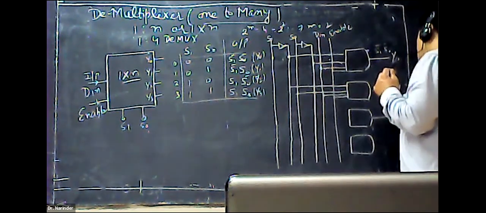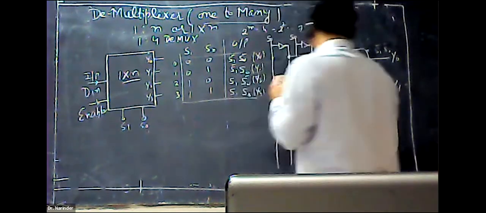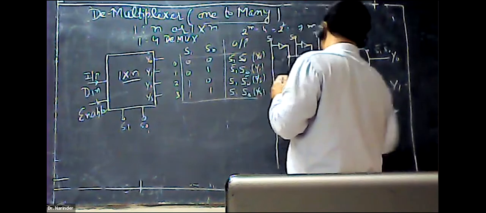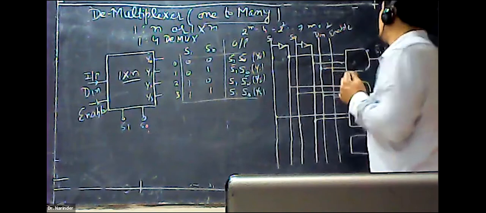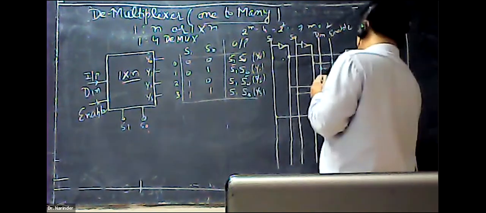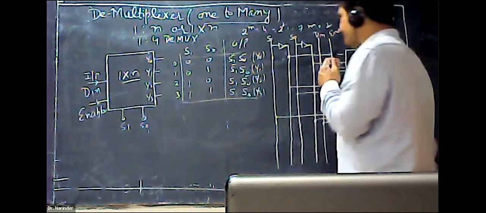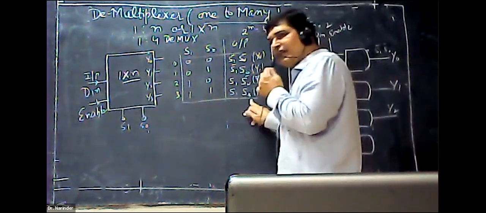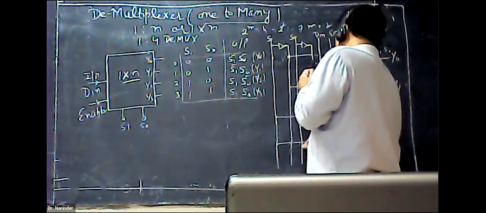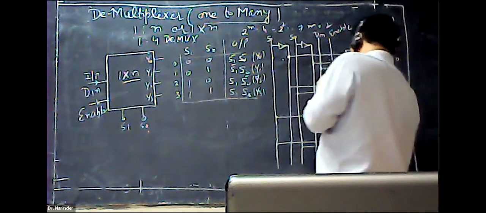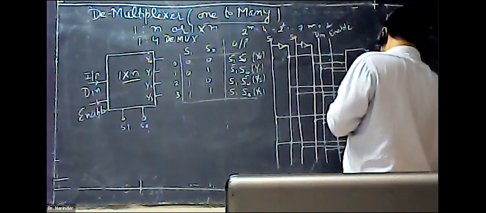There is a Y2. Y2 is S1 S0 bar. Then D input is there. D input and enable have to be connected with every AND gate. There is S1 S0. S1 is connected here. S0 is connected here. D input is connected here. Enable is there. Here you will get Y3.